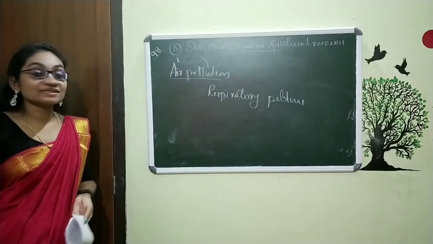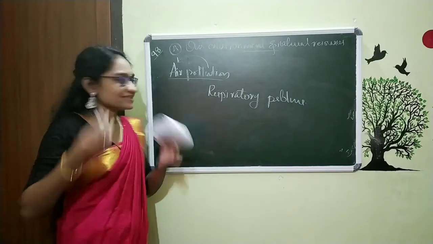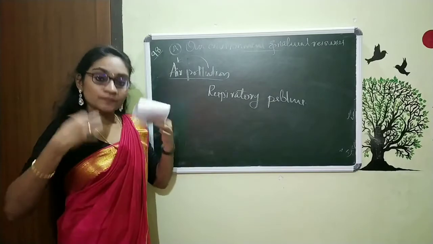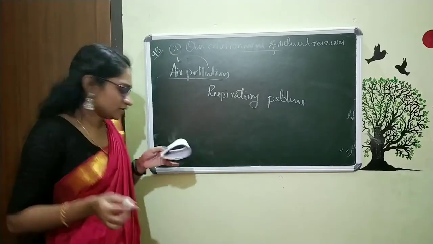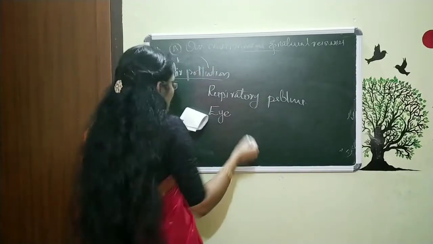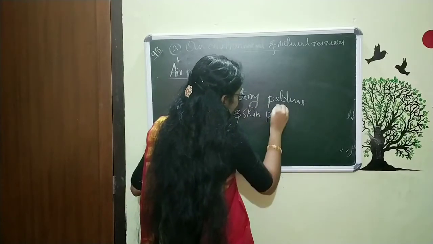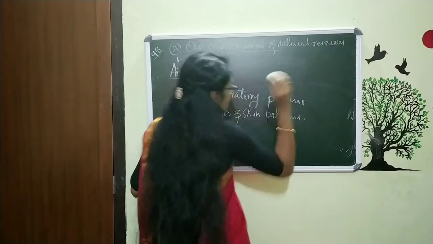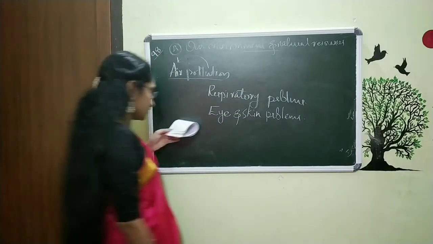Air pollution causes respiratory problems like asthma, bronchitis, different types of diseases or problems that will come because of the air pollution. And the next, eye and skin problems. This also happens because of air pollution.